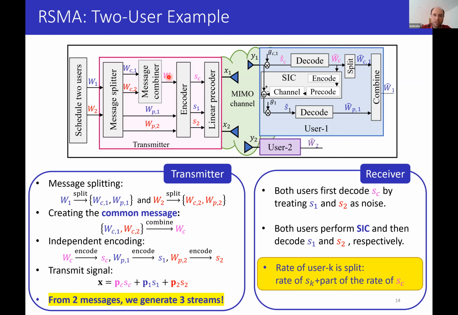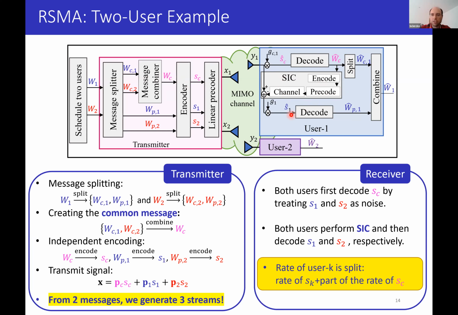User 1 is interested in WC1, so we will recover WC1 from this common message. And then we'll perform SIC: re-encoding, precoding, and interference cancellation, and then decode its private stream S1.